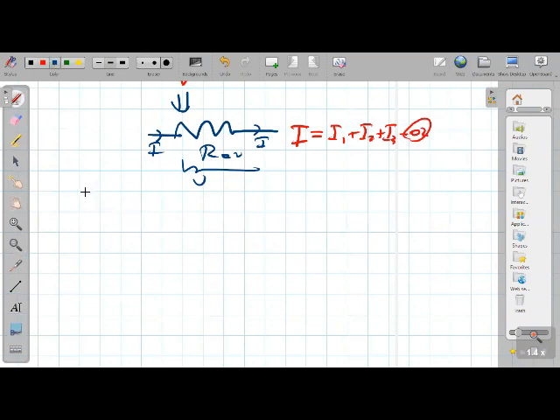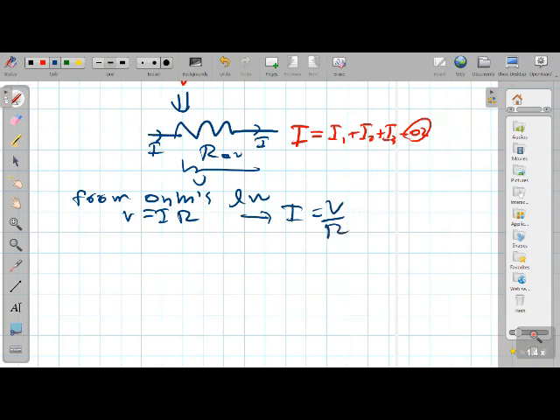And from Ohm's law, V equals IR, so I equals V over R as equation number 3. I'm going to substitute this into equation number 2.